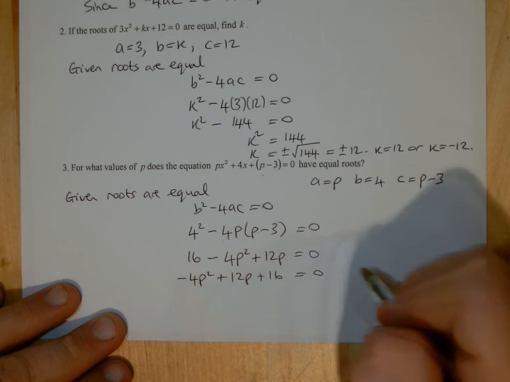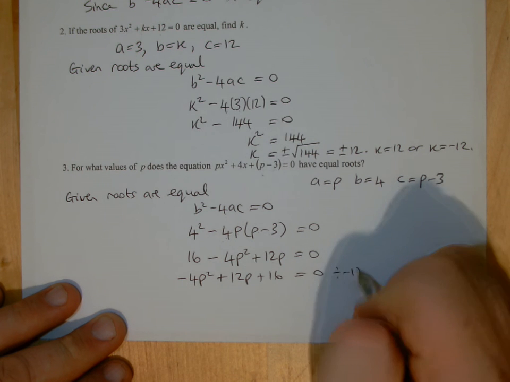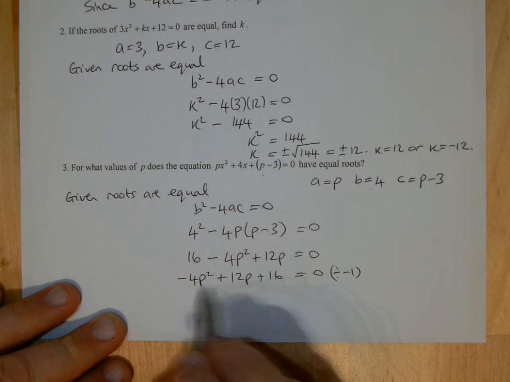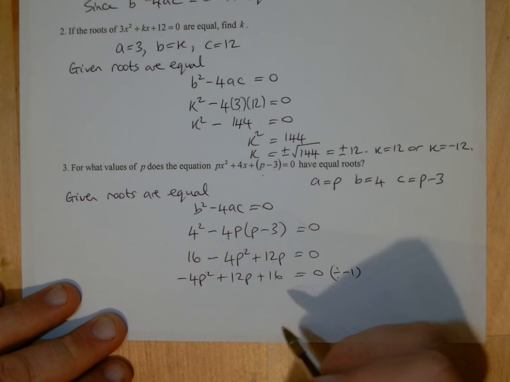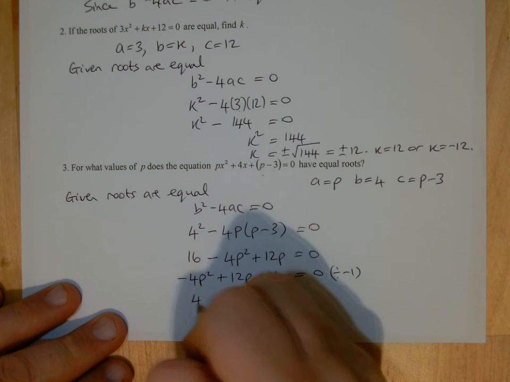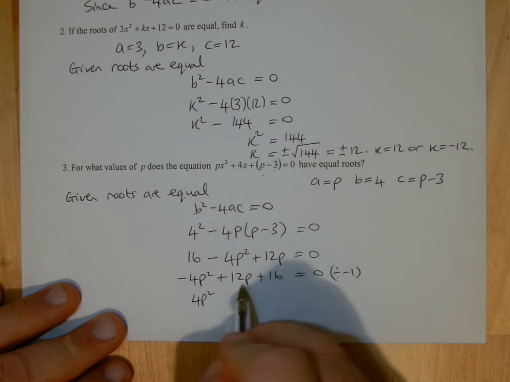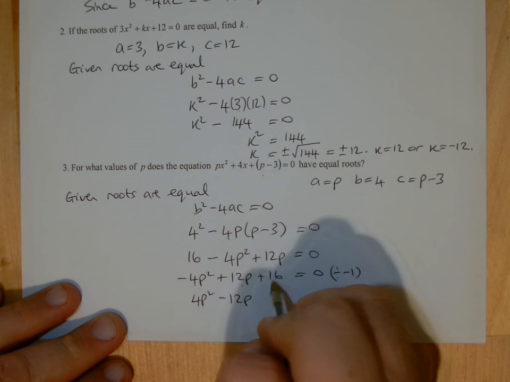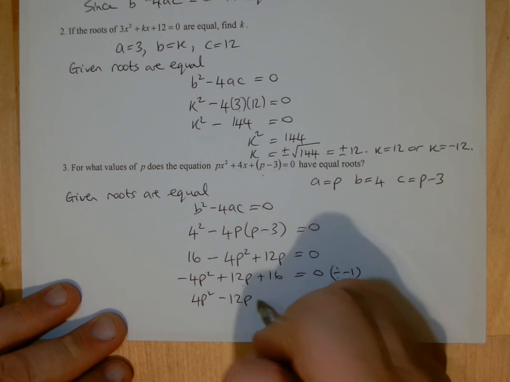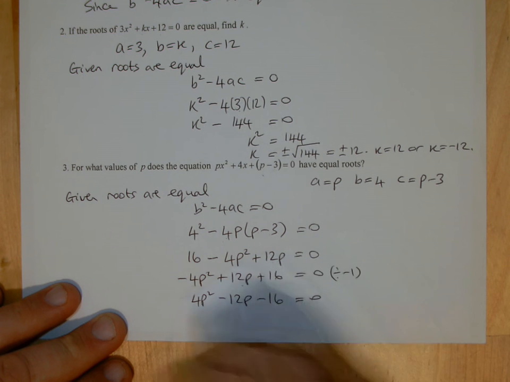So what I'm going to do is divide through by minus 1, so we just change all the signs. Minus 4 divided by minus 1 is just 4. Plus 12p divided by minus 1 is minus 12p. And plus 16 divided by minus 1 is minus 16. Equals 0. So you've got a quadratic.